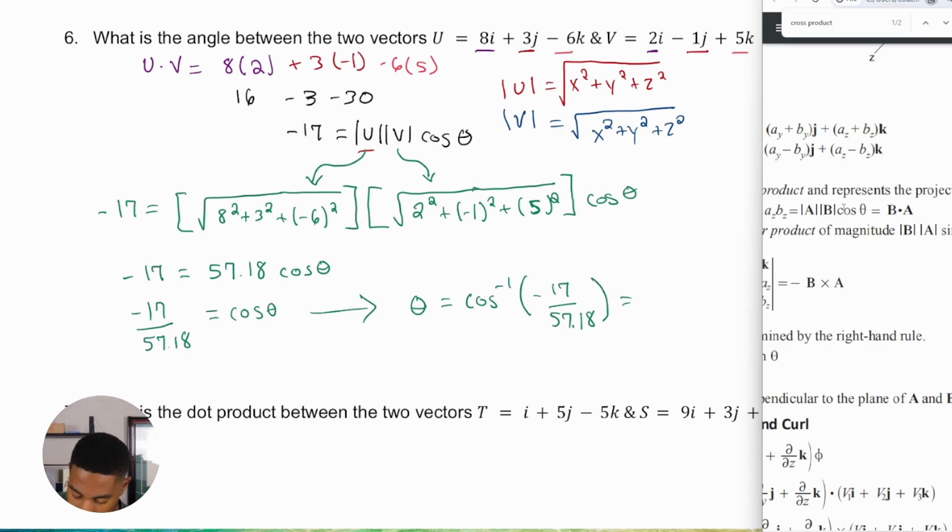And when you do that, you should get 107.29 degrees. If you don't get 107.29, then it means you probably need to change your calculator from radians to degrees.